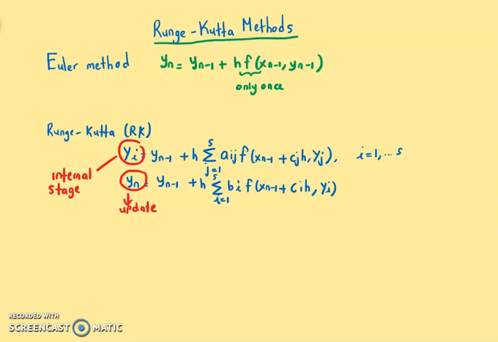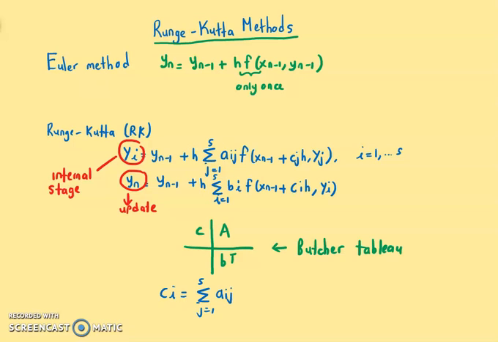This can be written as a Butcher tableau given by A, c, b transpose. We also have the C condition, the row sum condition, where this c is the summation of aij, where j starts from 1 to s. My s here denotes the number of stages.